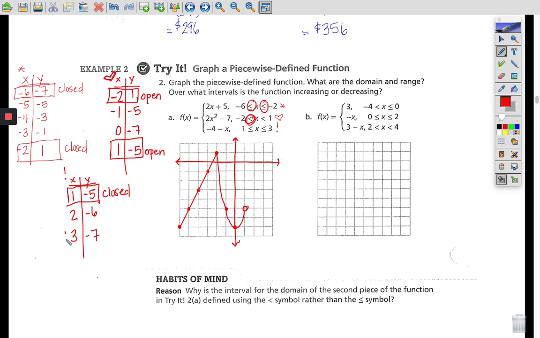And also at 3 should be a closed circle. It's an open circle, but what should I change it to? Closed, if it's not already. And then we've got 2, negative 6, and 3, negative 7. And it's a straight line. And we stop there.